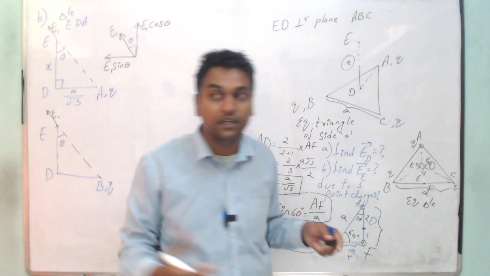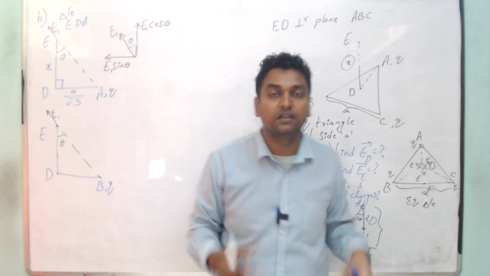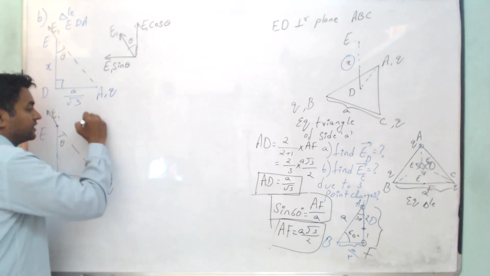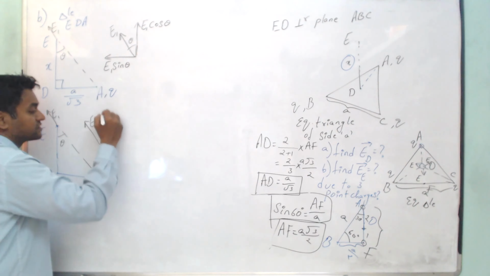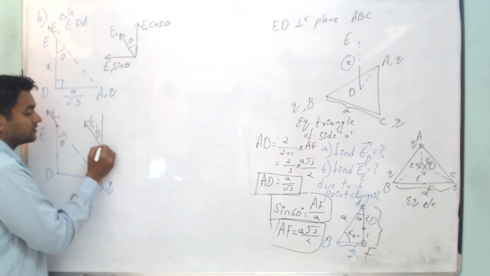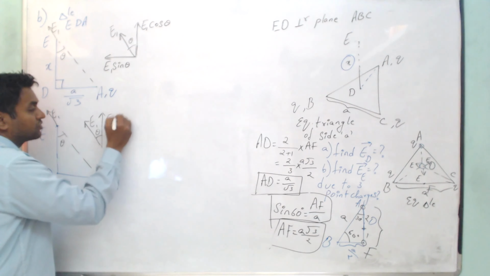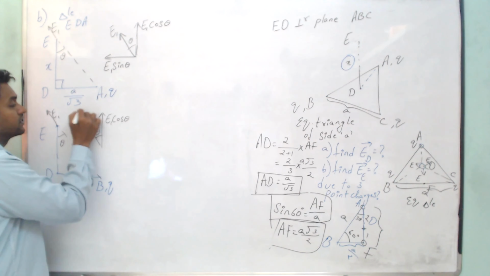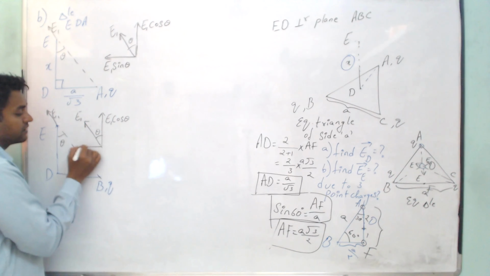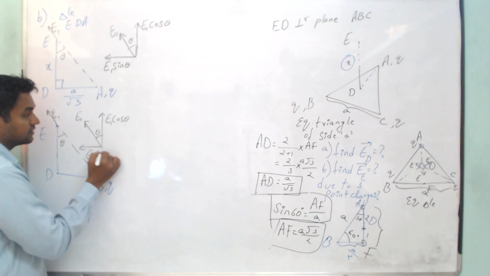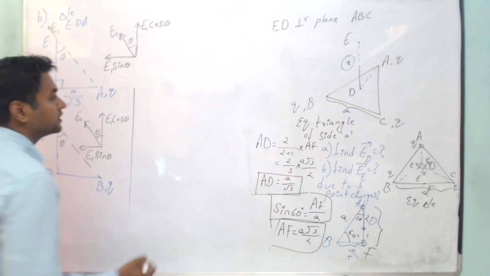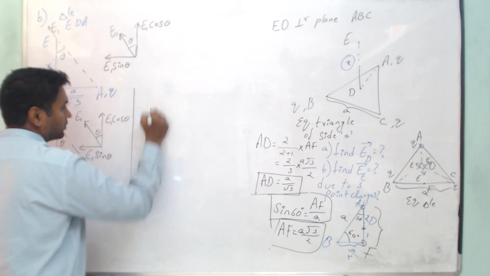Because of symmetry of my diamond shape. So my electric field E1 will be in this direction, making an angle theta. तो यहाँ पे आएगा E1 cos theta, है ना? और यहाँ पे आएगा E1 sin theta. Is this clear? Yes.